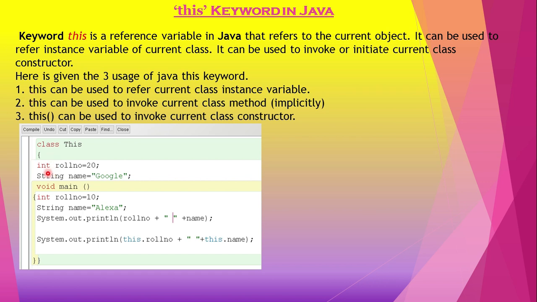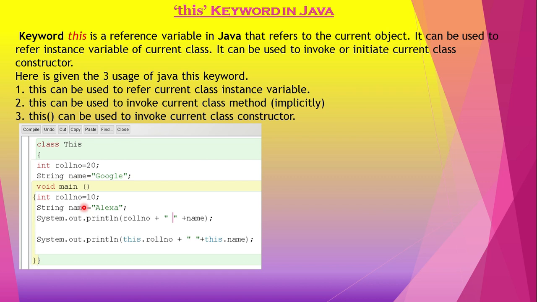So look at this. int rollNumber = 20. What type of variable is this? Instance variable. What is this? Another instance variable. Now I have declared int rollNumber here also. See, two places, same declaration. Will it have any problem?